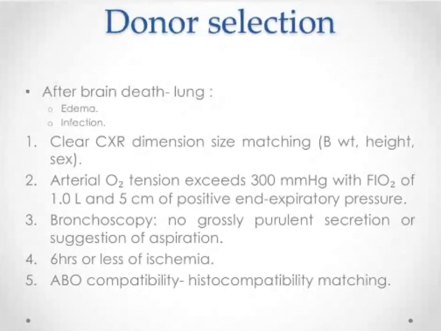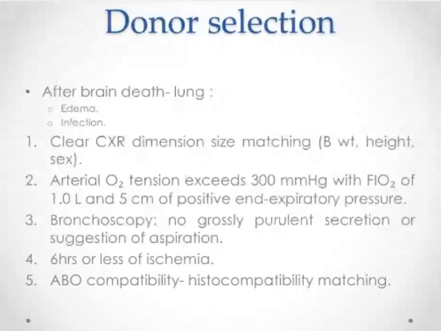Second, it should be the lung of that one, the arterial oxygen tension exceeded 300 millimeter with the FiO2 and 1 liter to 5 centimeter of positive end expiratory pressure. And to keep the lung and always to prevent any atelectasis, and it should be a residual volume high to prevent any atelectasis of that one.